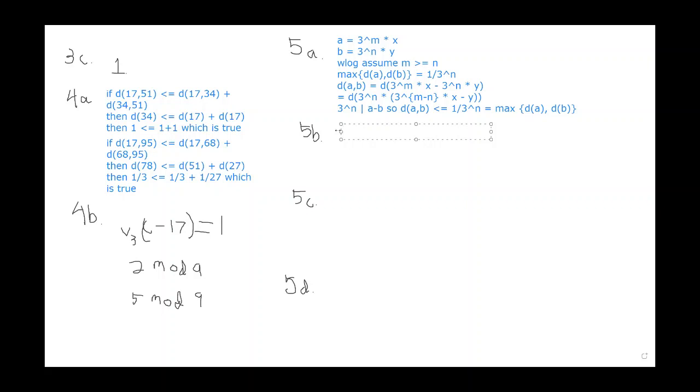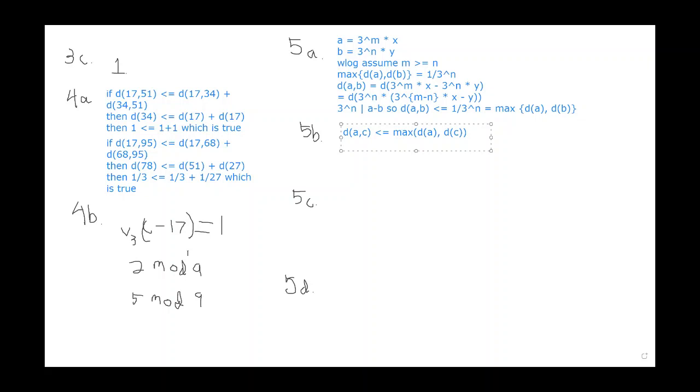So we've got d of ac by 5a, which is less than or equal to max of d of a, d of c. That's okay, because d of ac is on the left-hand side. We want an upper bound on this, and we have an upper bound, so that's okay. What about the right-hand side?